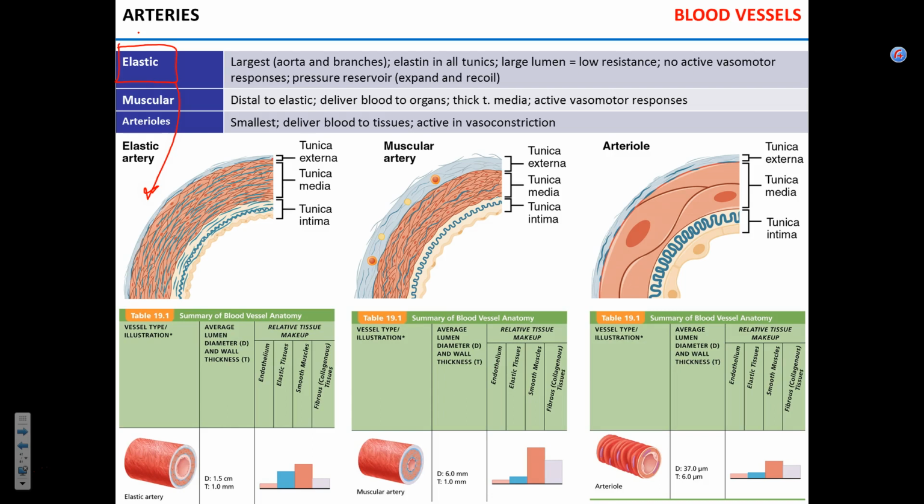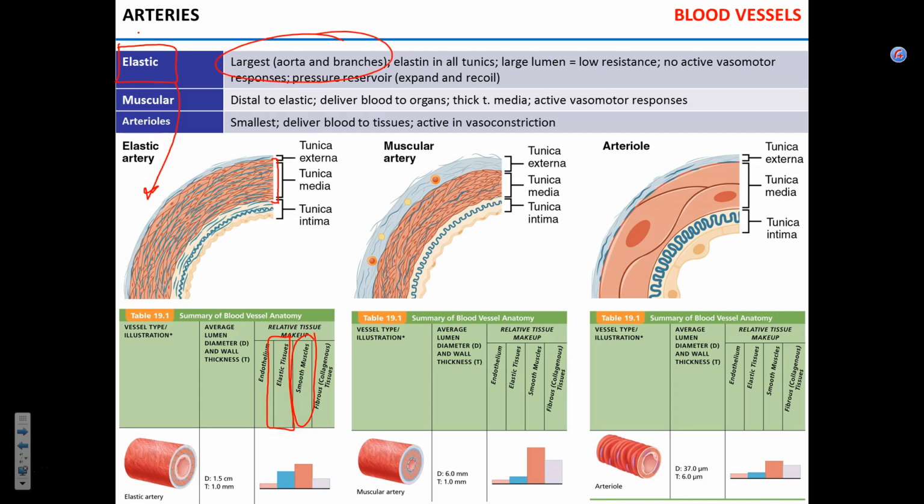You see that they have really thick tunica media. However, tunica media is not entirely composed of smooth muscles. It also contains a considerable proportion of elastic connective tissue, which makes these arteries, well, elastic.